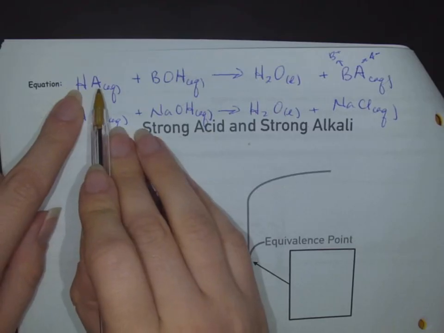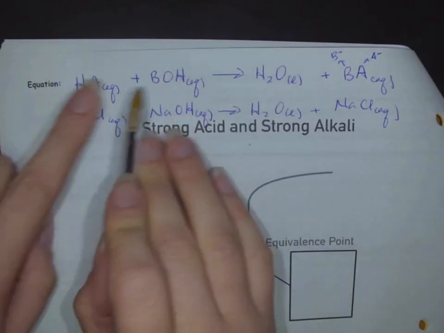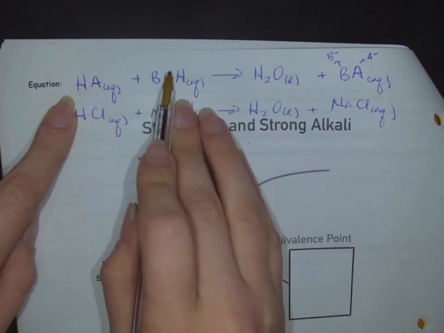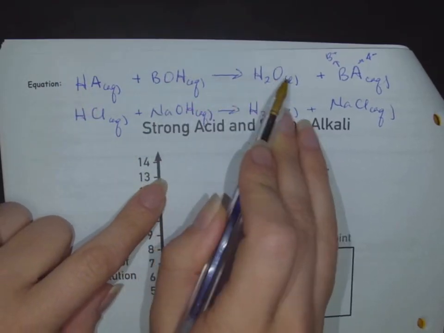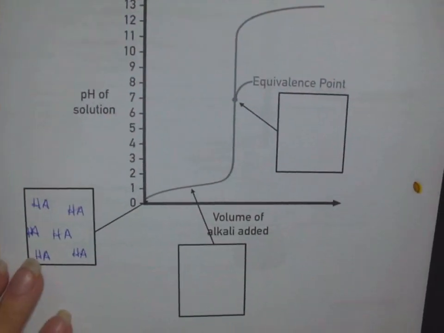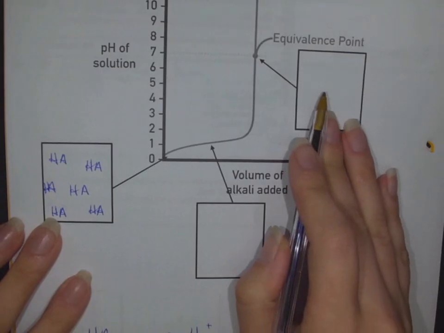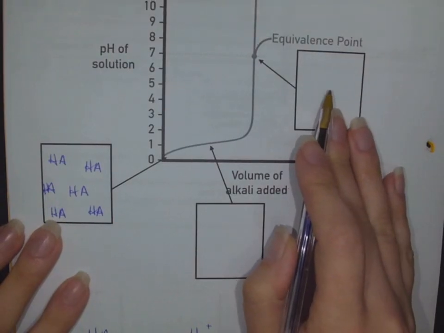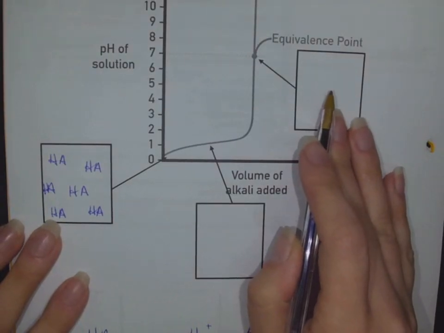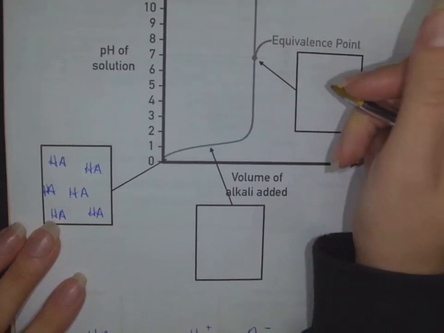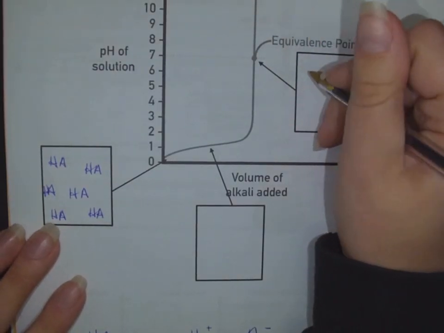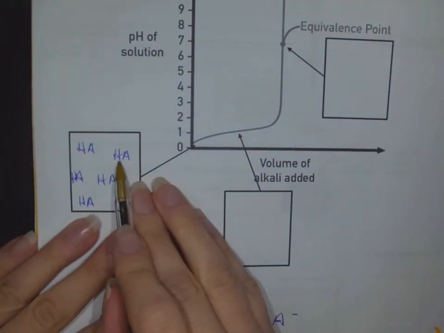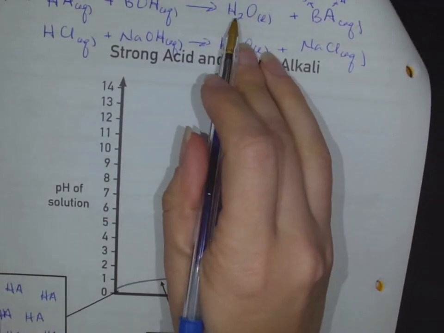Like if I have 6 of these and 6 of those, they will completely react to form these things. And so what's really interesting is at this point, we have equal amounts of the acid and the base, and it completely reacts. And so what we are left with, all of these hydrogens actually went to water, liquid.